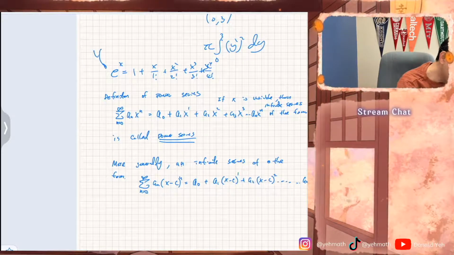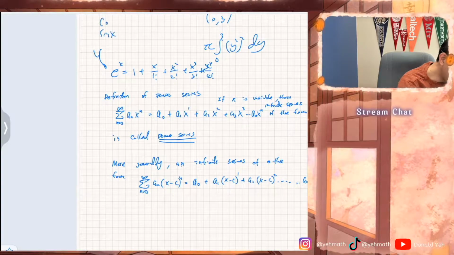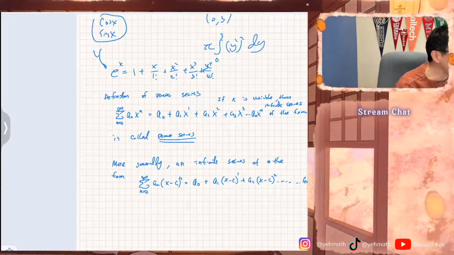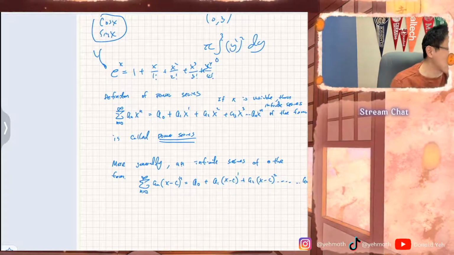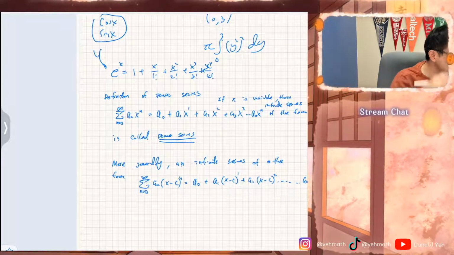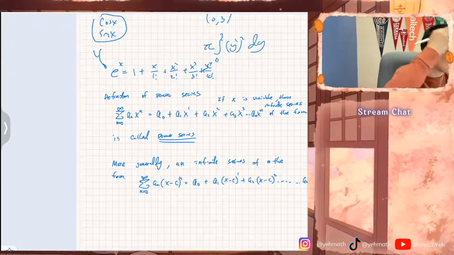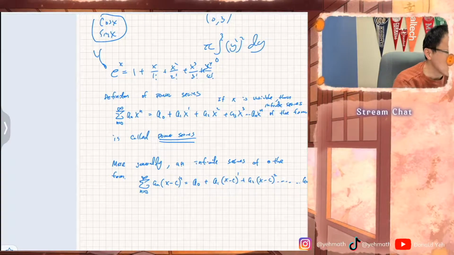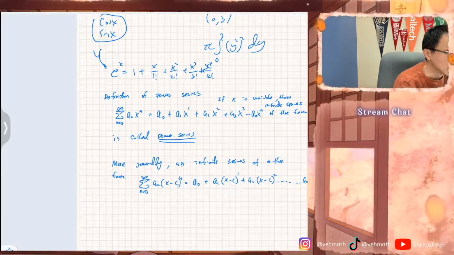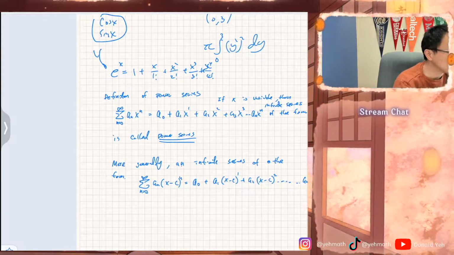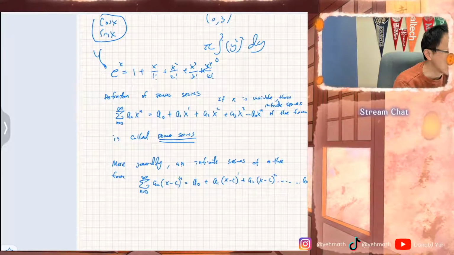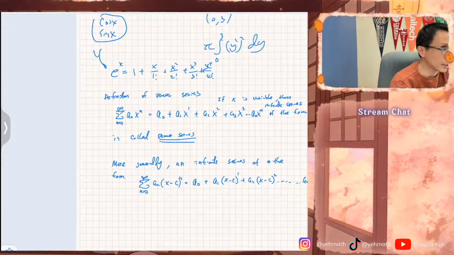Later on, we'll also learn the power series for sine of x and cosine of x, and then we can use that to do different types of problems. Is anything confusing you here? No? Okay, we're going to go to the next page.